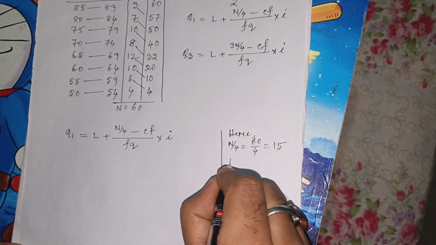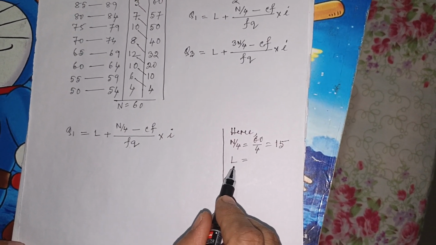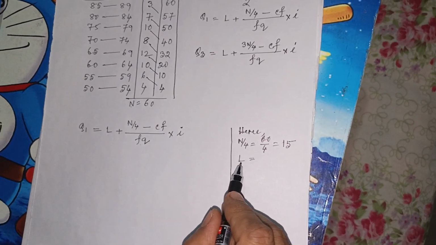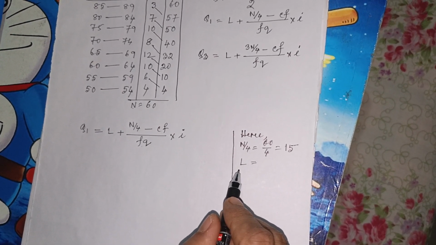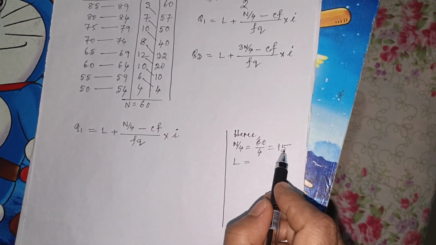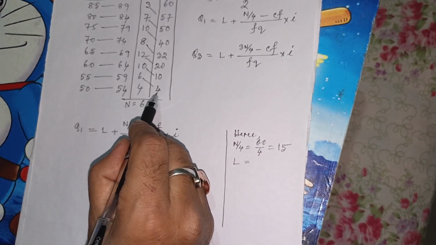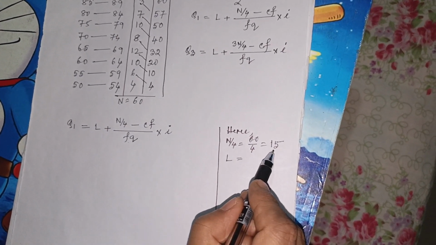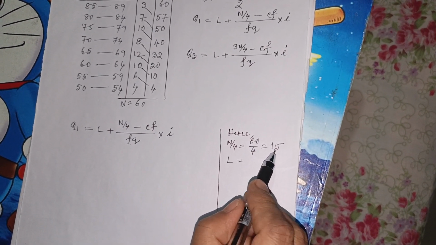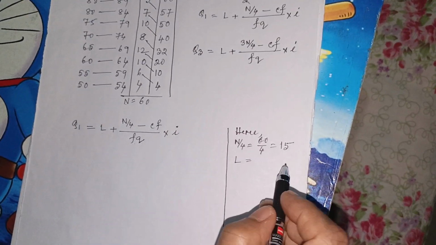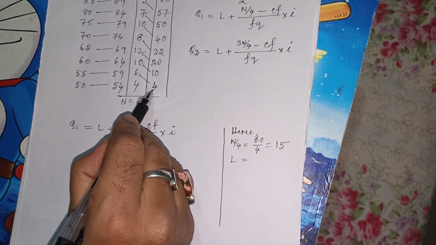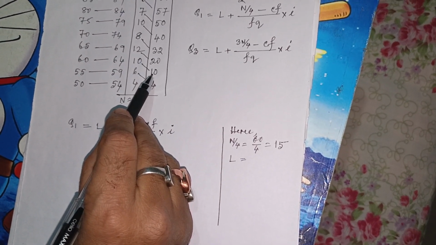Next you come to the L. L means lower limit. So how to find out this L, lower limit? For that purpose, we have to see the N by 4 is 15. In the CF column, you have to see on which number the 15 is lying. That means 4, it is still not 15. Then 10, still not 15.